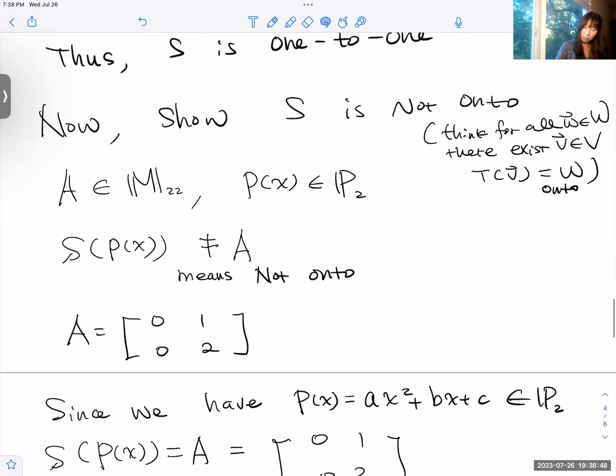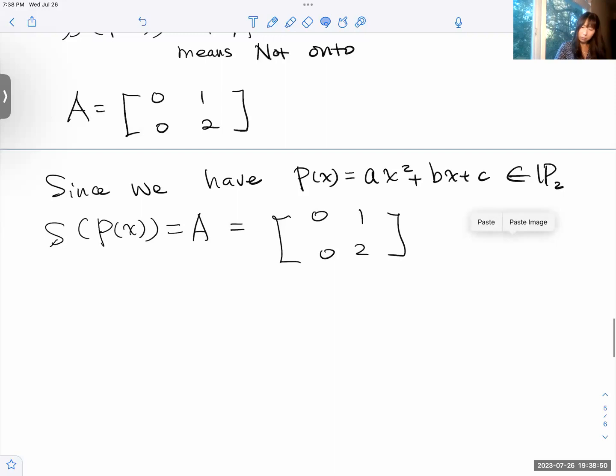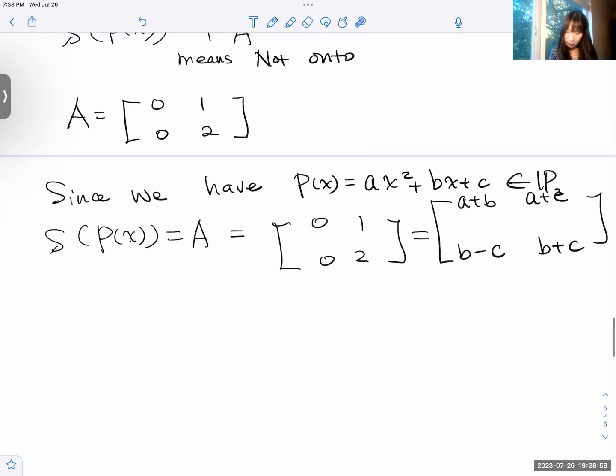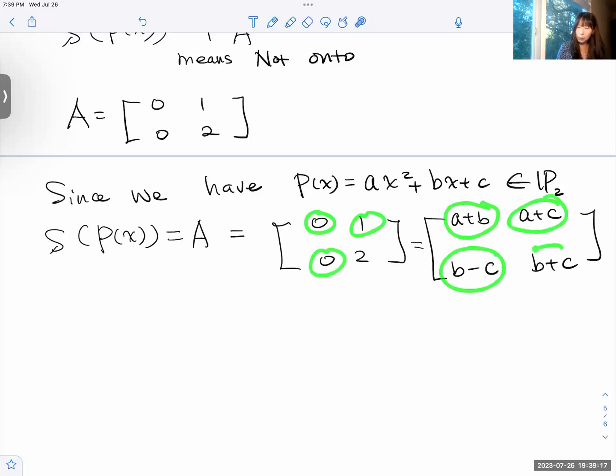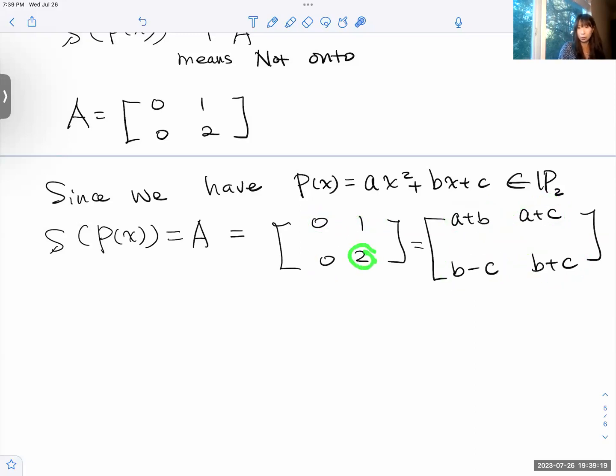So that is the corresponding system: a plus b equals 0, a plus c equals 1, b minus c equals 0, b plus c equals 2, right?